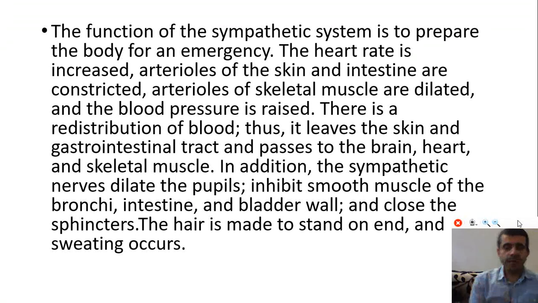Due to sympathetic overactivity. The arterioles of the skin and intestine are constricted. Arterioles of the skeletal muscle are dilated, and the blood pressure is raised. There is redistribution of blood, thus it leaves the skin and gastrointestinal tract and passes to the brain and heart and skeletal muscles.